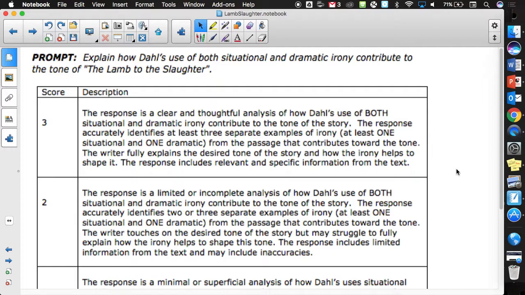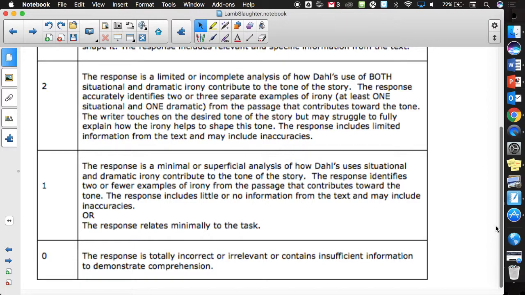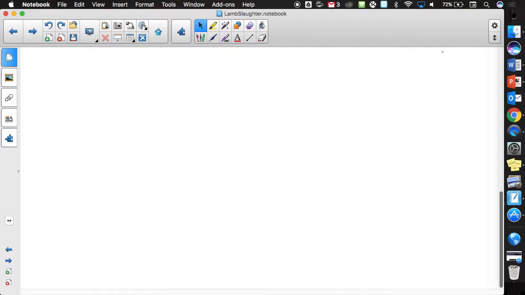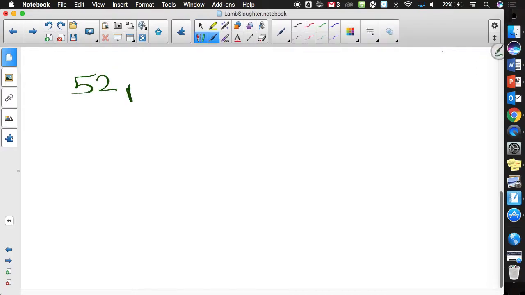Of your Keystone, 34 out of the 52 points are multiple choice. 52 minus 34 leaves you with 18. So the Keystone is made up of 52 points, and 34 of those points are going to be multiple choice questions.